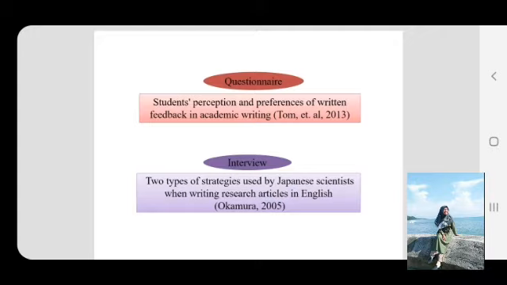And the second one is two types of strategies used by Japanese scientists when writing research article in English by Okamura in 2005.